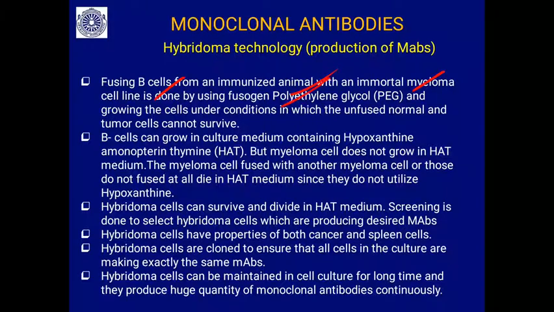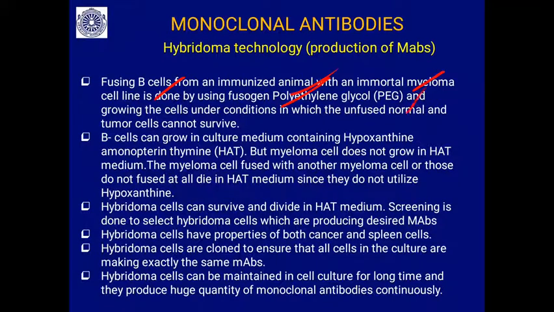The fusing of B cells from the immunized animal with the immortal myeloma cell line is done by a fusogen called polyethylene glycol. It is used to fuse. It's like a gum-like material used to gum the two cells together. When the two cells come together, the two plasma membranes undergo a fusion reaction.